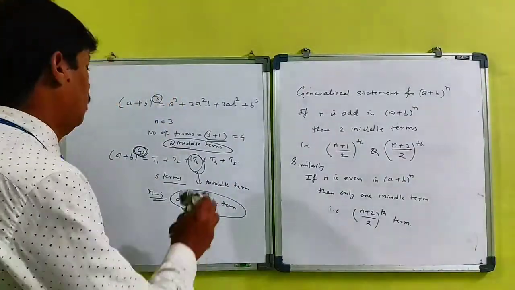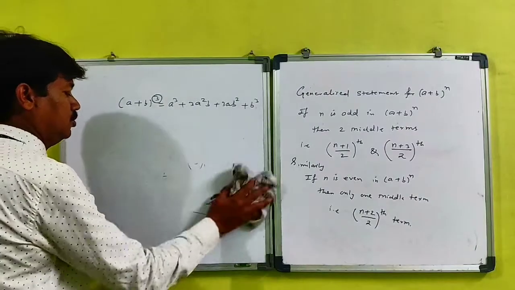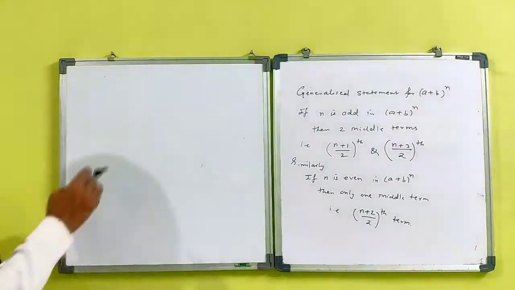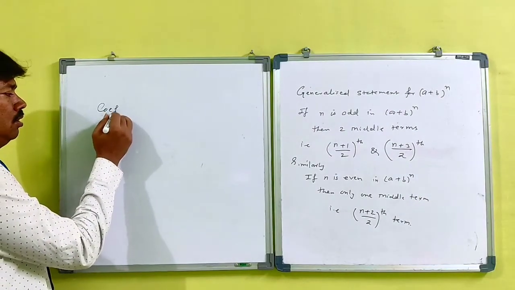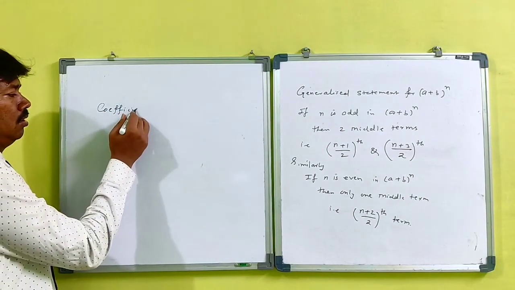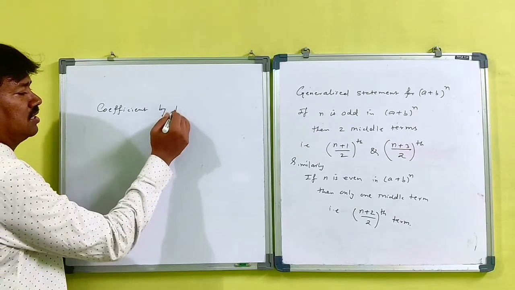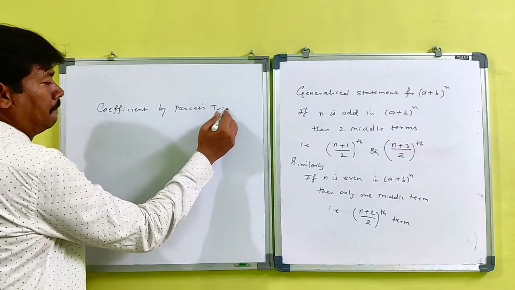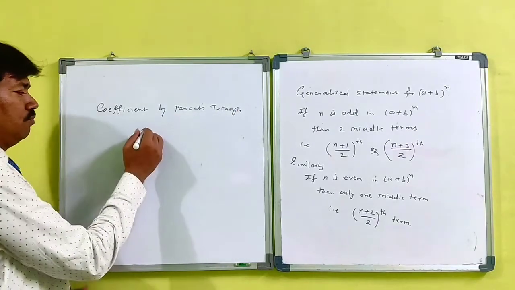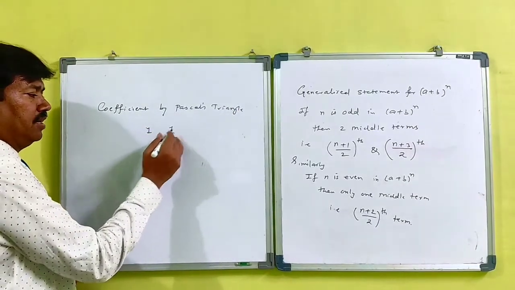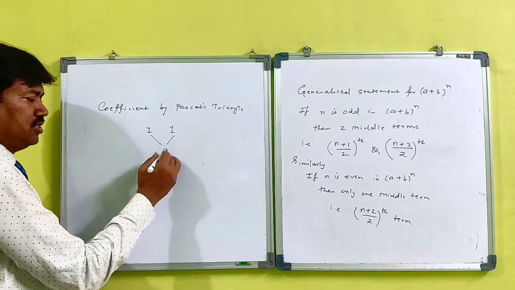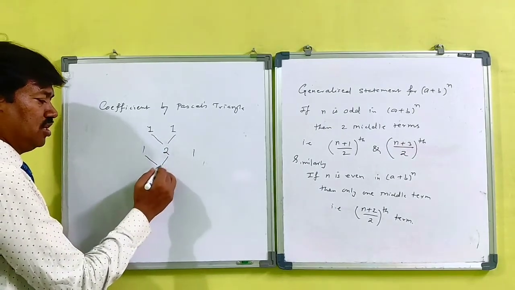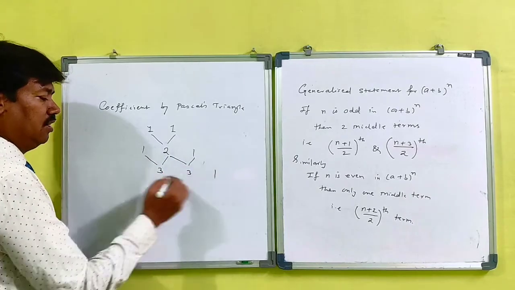Also, if you observe the coefficients by Pascal's triangle, this is 1, 1. The next row is the addition of these, that is 2, and then again 1, 1. Then 1 plus 2 is 3, 2 plus 1 is 3, then 1, 1.